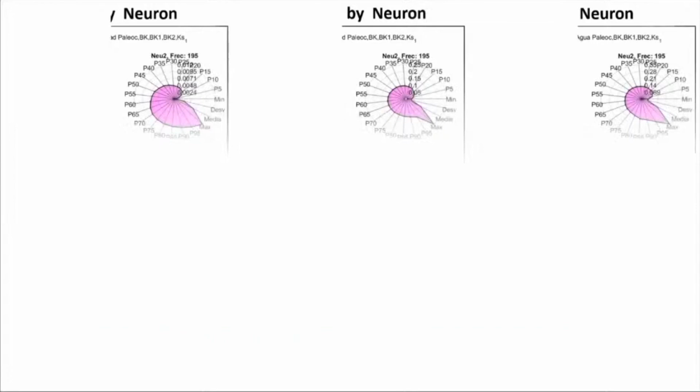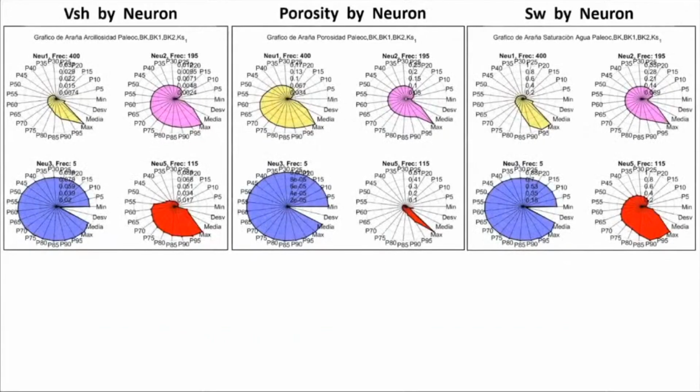So using the radar charts, we can see the same properties, and this is another tool to analyze the behavior of the petrophysical values or properties by neuron. Neuron number 1, 2, 3, 5, and so on.